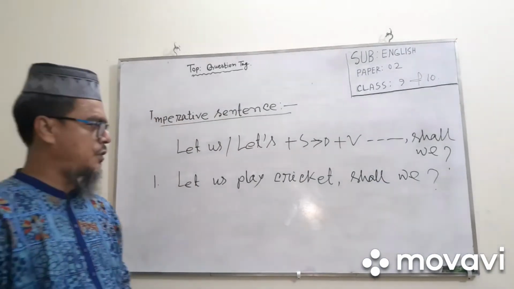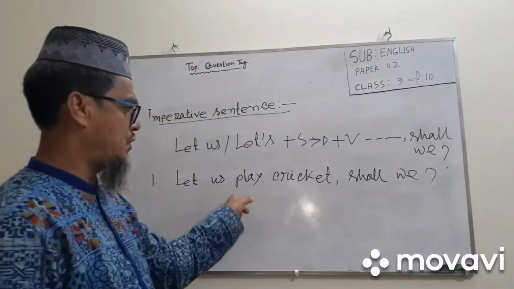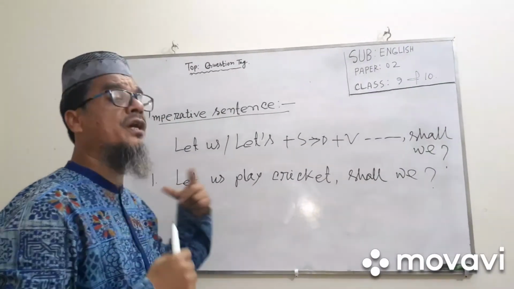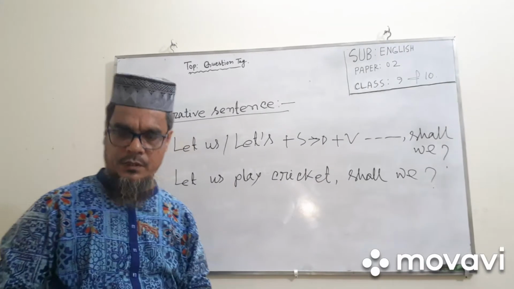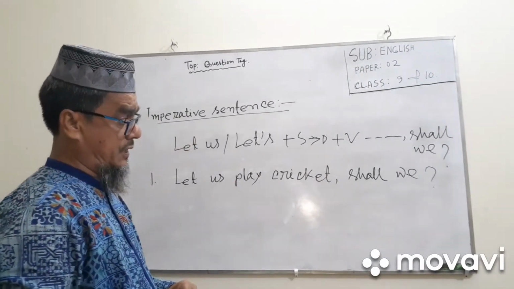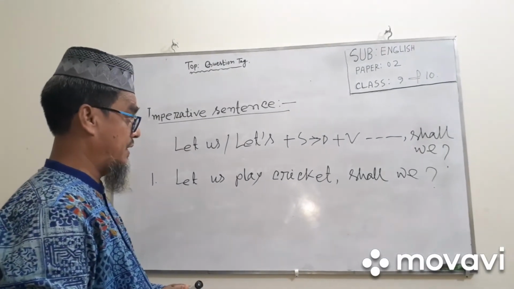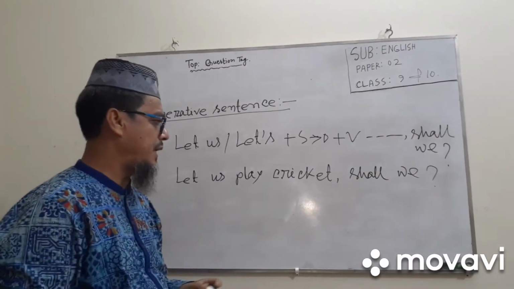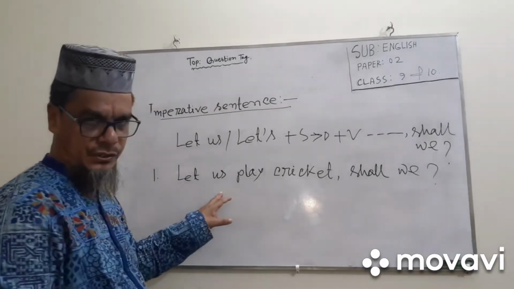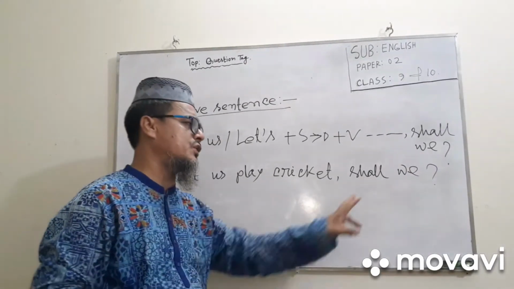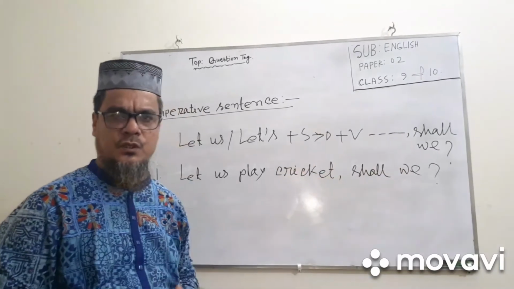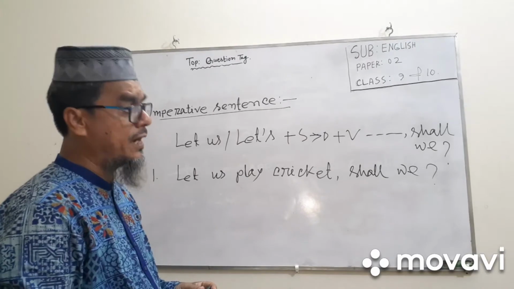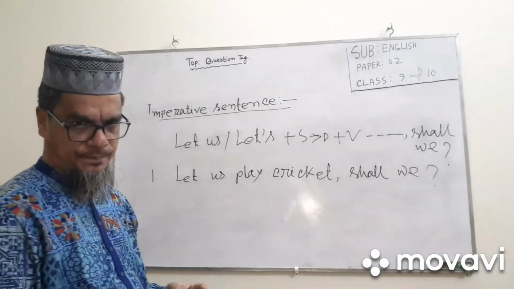Dear students, follow the sentence. Shall we? For what? For let us or let's. I again say that if you follow an example with let and after let there is us, then we must use shall we for making a question in the end part of a sentence.